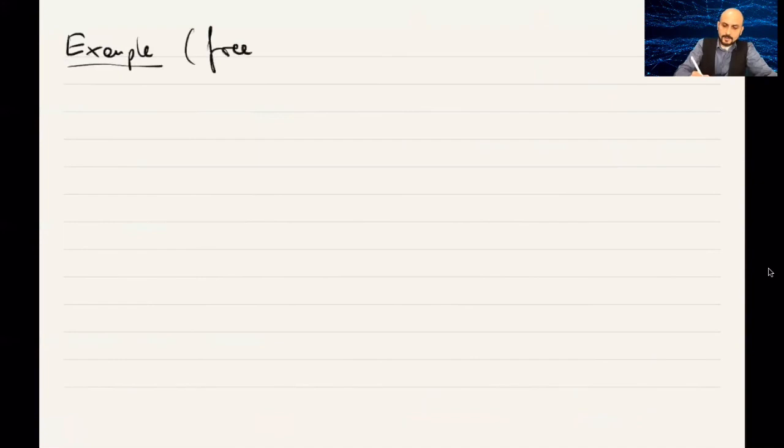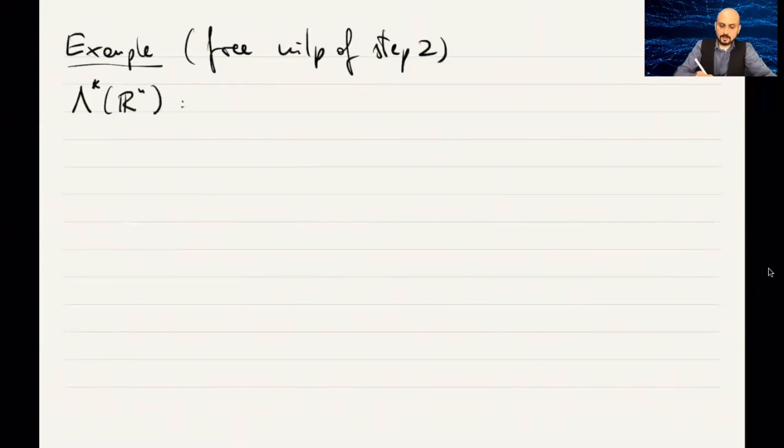The free nilpotent Lie algebra of step 2. These are easy to describe, if one uses a little bit of vector analysis. So one considers the k-forms on Rn.